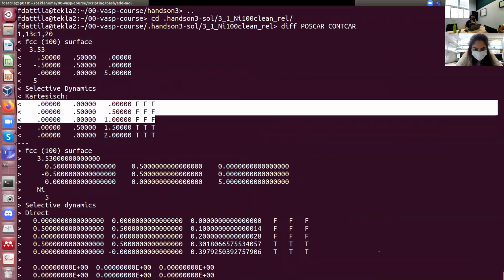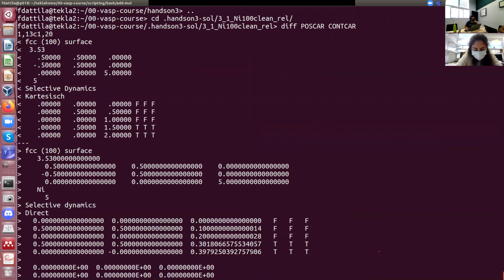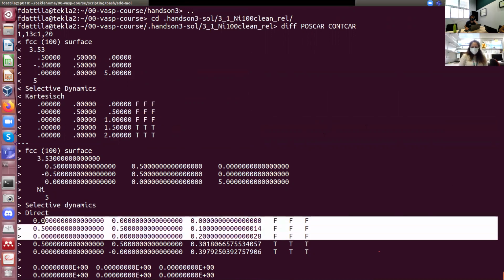Which is the reason? The reason is just intrinsic mistakes in the numerical optimization of VASP. In general there is no big difference because remember this is Cartesian and this is direct. So the difference between 0.5 and 0.1 is just given because you change from Cartesian to direct.